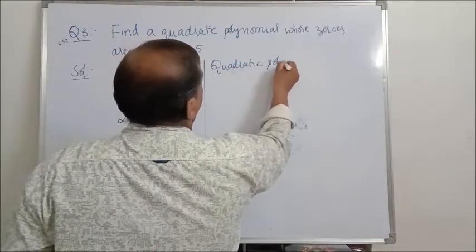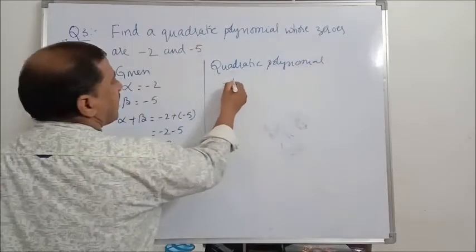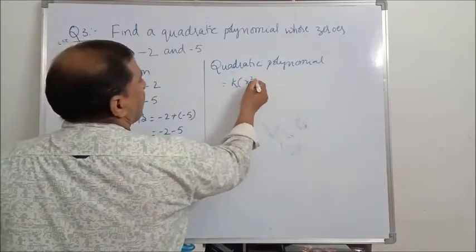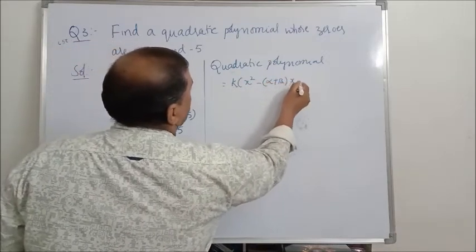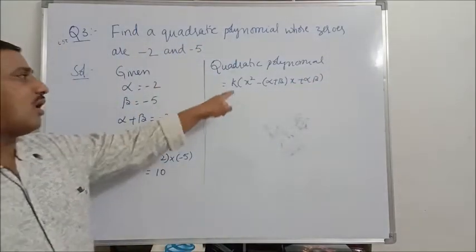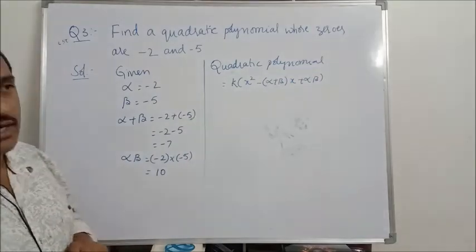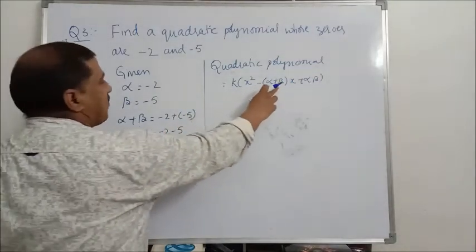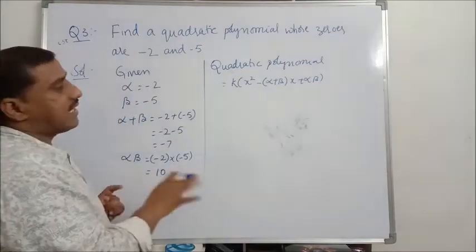Quadratic polynomial is equal to k into x square minus alpha plus beta into x plus alpha into beta. Now substitute alpha plus beta as minus 7, alpha into beta as 10, then simplify.